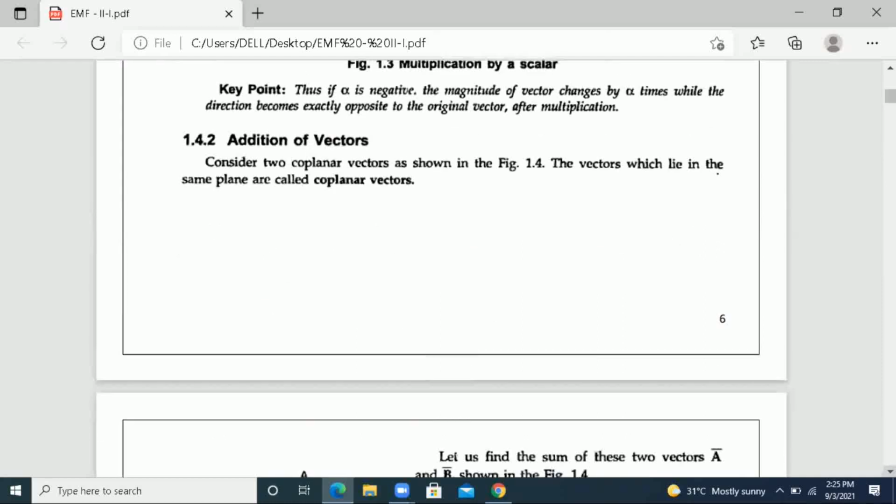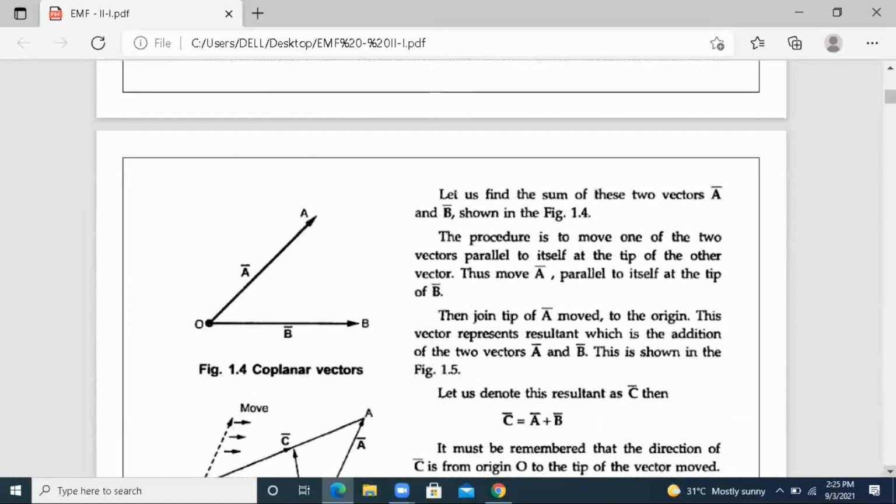How do you add two vectors together? Now, here you have vector A in this direction, and you have vector B in this direction.